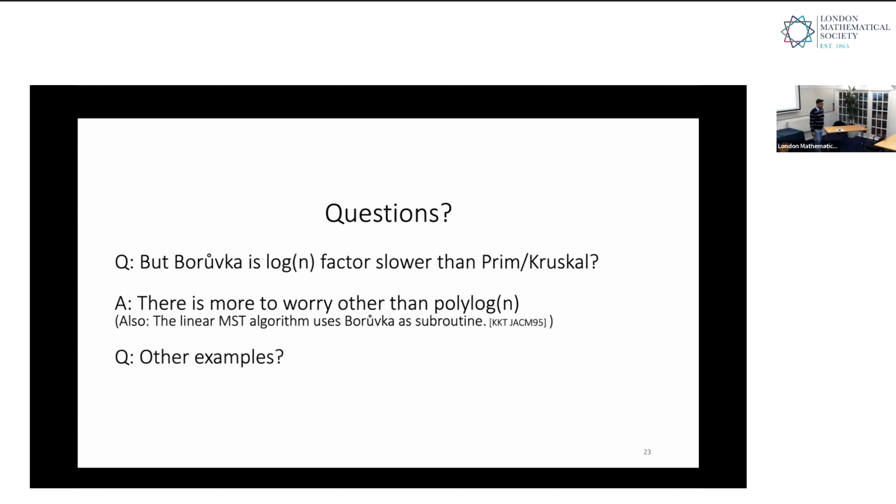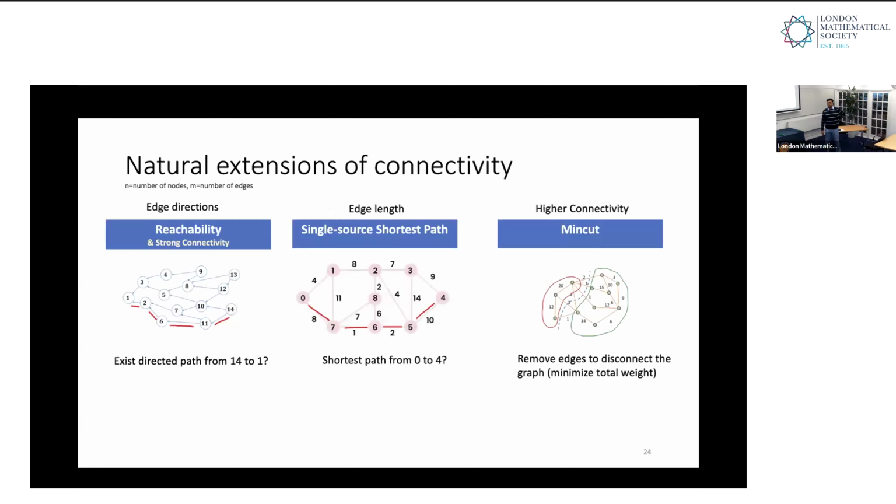But the more pertinent question is, is it the only example? And my answer to that is no. You can find some other cool examples which follow the same kind of instruction manual. So let's look at some of the natural extensions for connectivity.